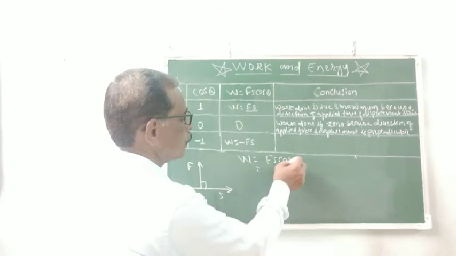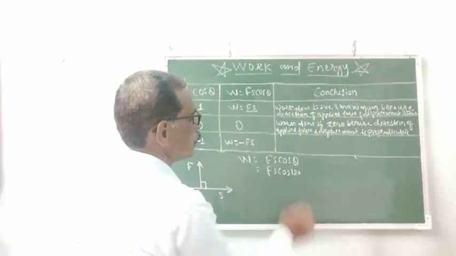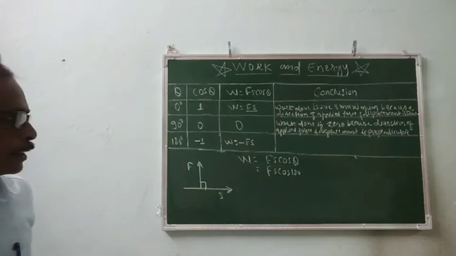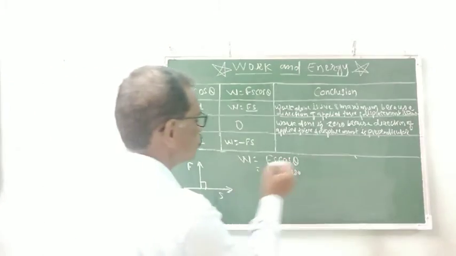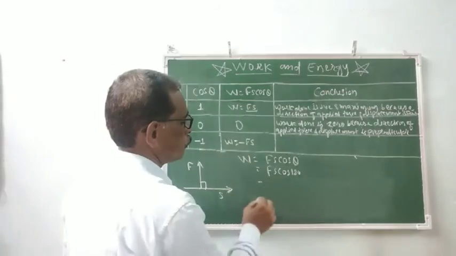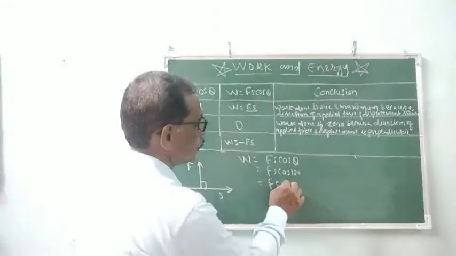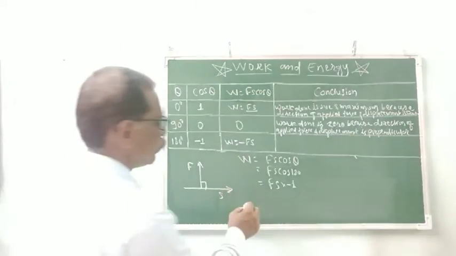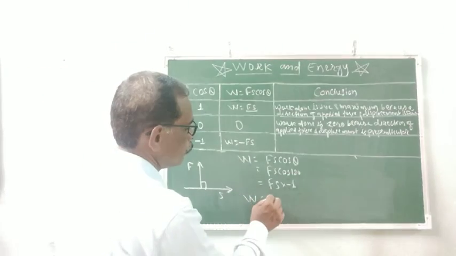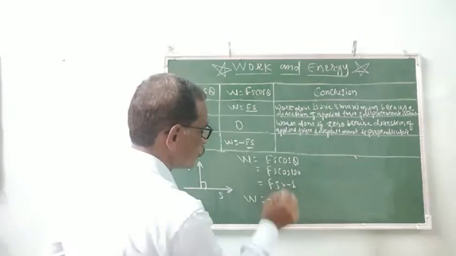Now we have Fs cos 180, and we have the value of cos 180, that is -1, and we put that value in place of cos 180. We will get Fs into -1, and we will get the work done, that is W equal to minus Fs.